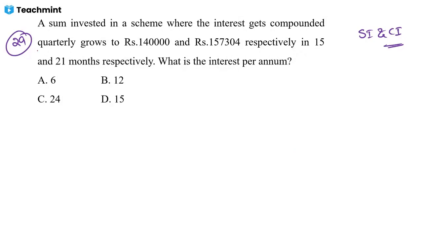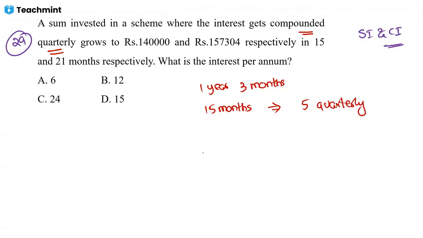Now here, quarterly, compound quarterly. 15 months means you have 5 quarterlies will come. 1 year 3 months. In 1 year, you have 4 quarterlies. So we have 5 quarterlies. Next one, 21 months. 21 months, 3 years 3 months this is.